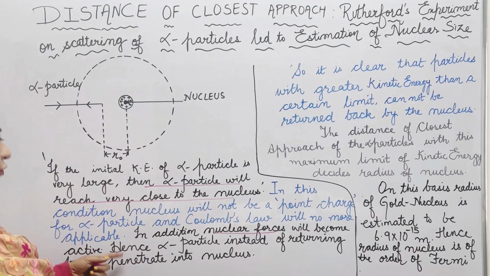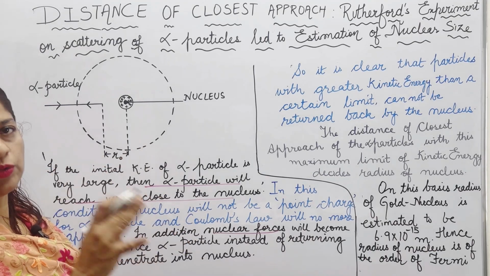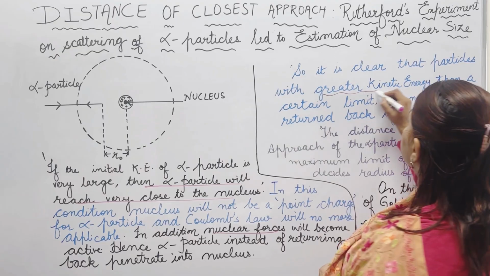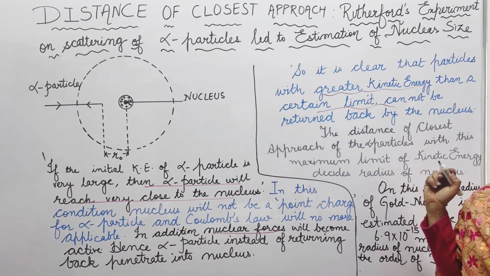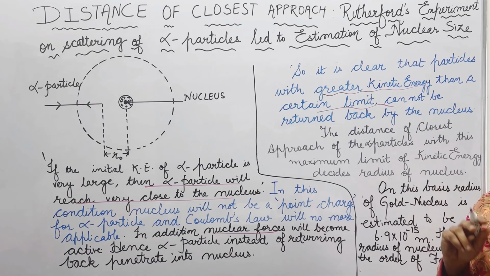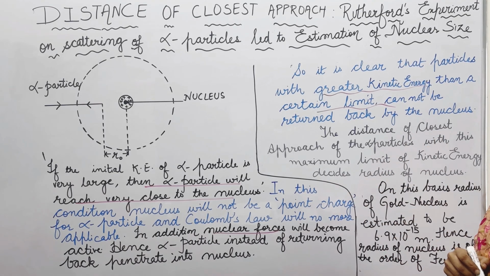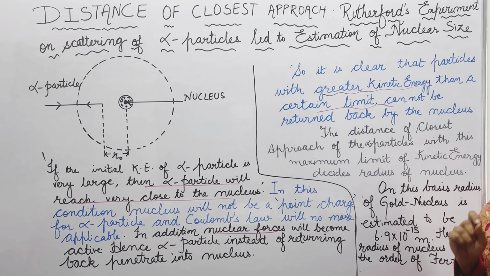So the alpha particle, instead of returning, will penetrate the nucleus. So there is a certain limit where the alpha particle won't return back, and this condition decides the radius of the nucleus.